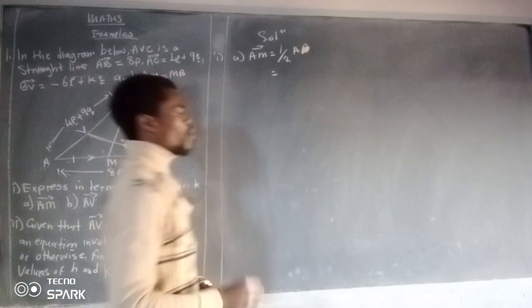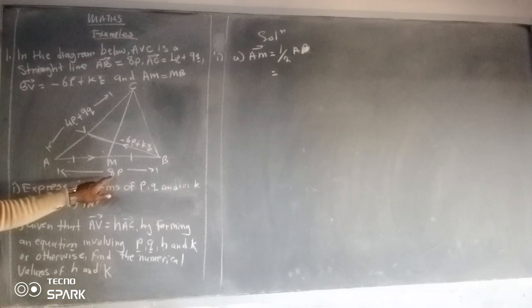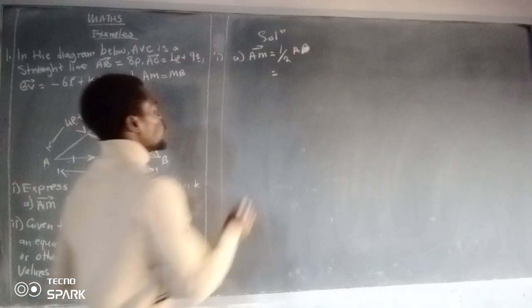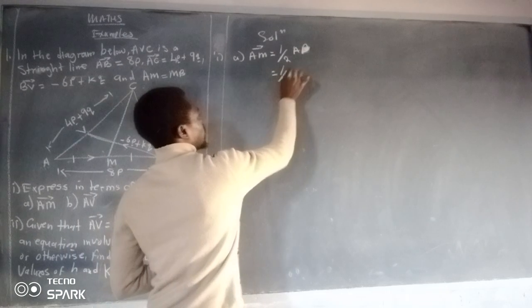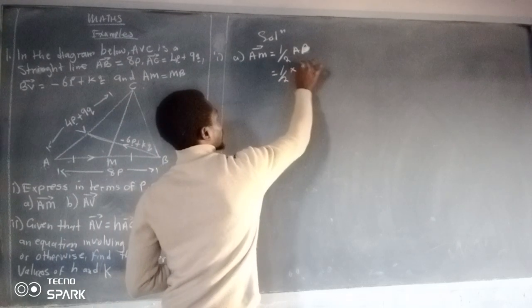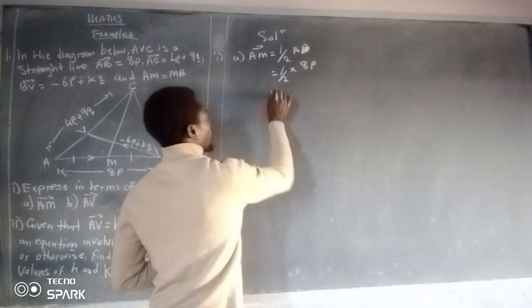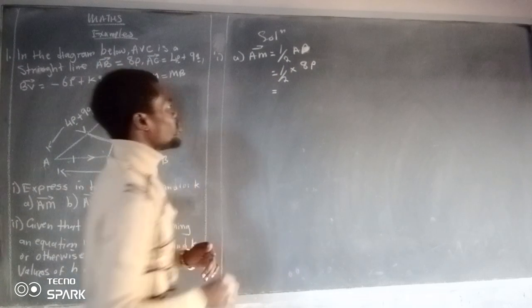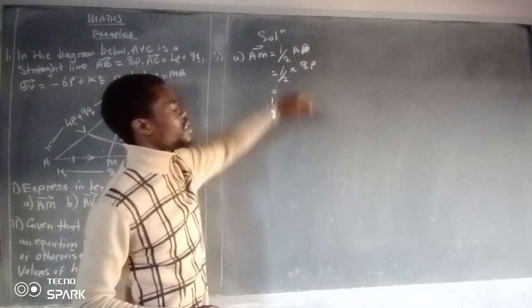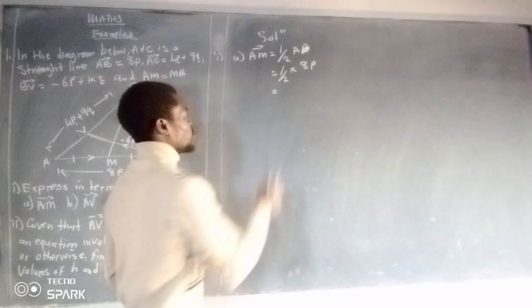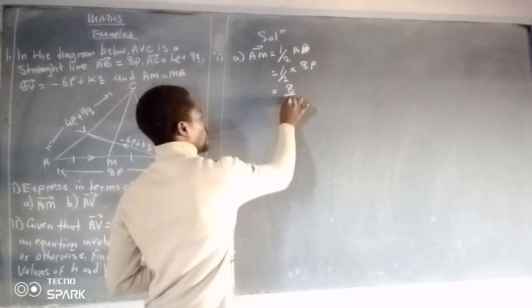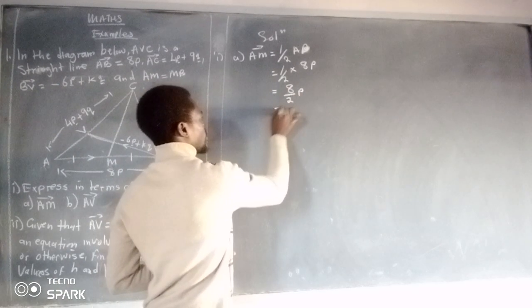So now, what is AB? AB is 8P. So we multiply half by 8P, we are multiplying half times 8P, it will give you 8 over 2P.